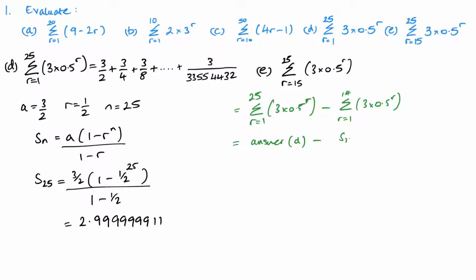So if you think of S of 14, this is going to be 3 over 2 times (1 minus a half to the power 14) over (1 minus a half). And that then gives me a very strange number, but it's very close. I'm going to write down the full value.